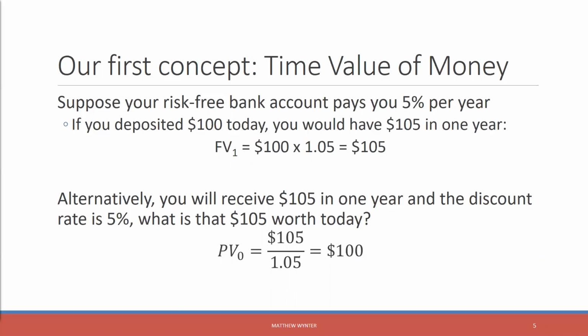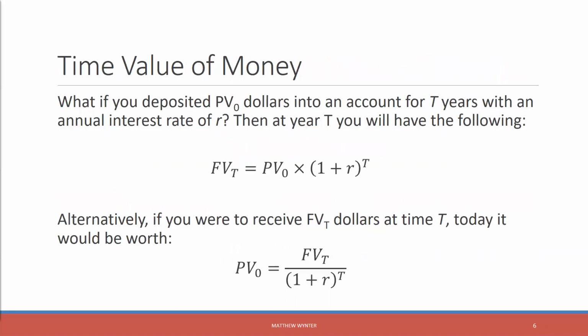Alternatively, suppose we'll receive 105 in 1 year in our risk-free bank account, and the discount rate is 5%. What is that 105 worth today? That 105 would be discounted by 1.05, and today would have a present value of $100.